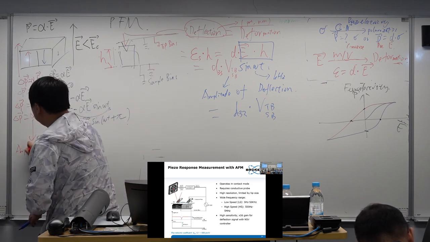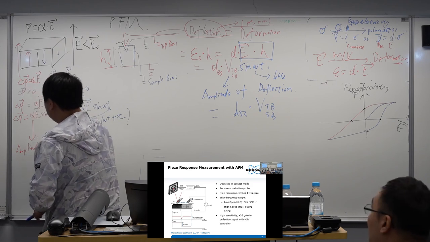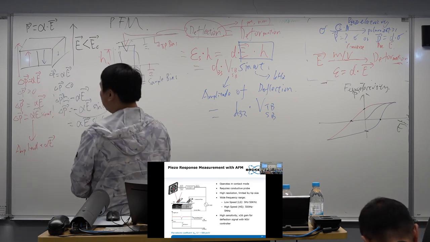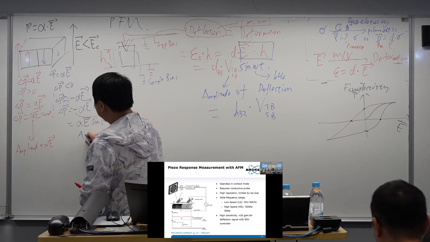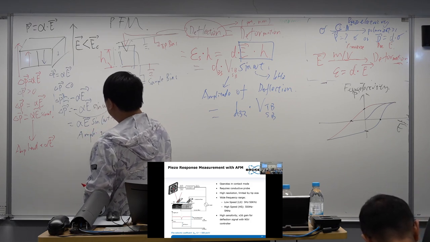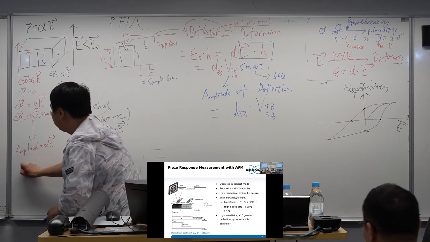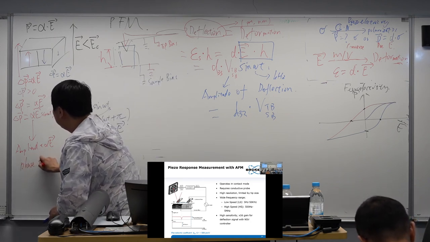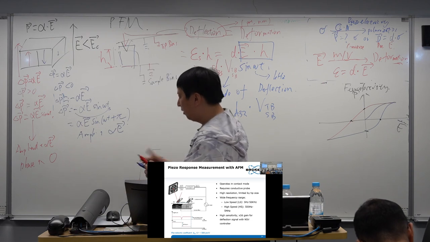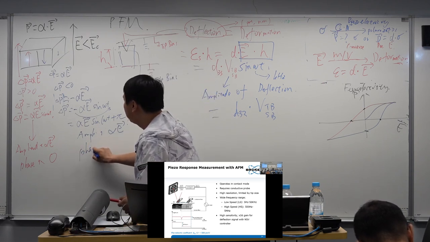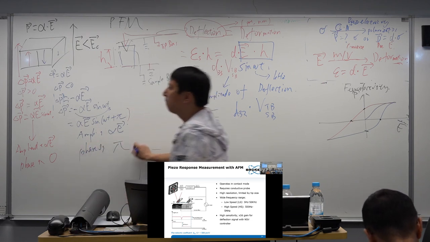And then I get this out. The amplitude is alpha E. The amplitude is alpha E. And this one, the phase is 0. This one, the phase is pi.